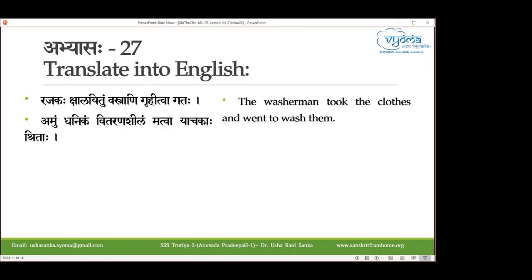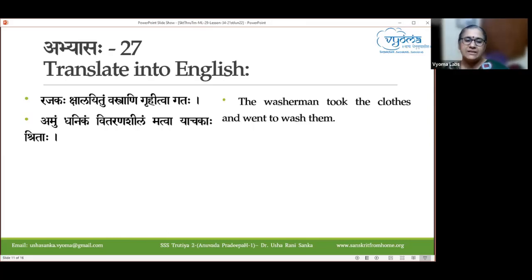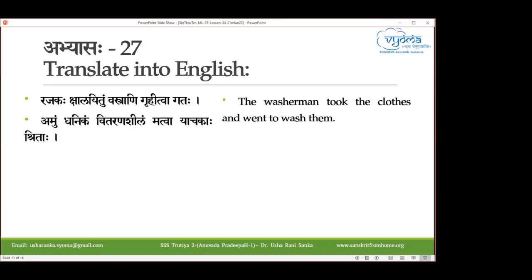So the yachakas approach the dhanikam vidaranashilam for distribution of wealth. Not for distribution of wealth: Vitaranashila is somebody who has such a character, somebody who is charitable. That's the word.